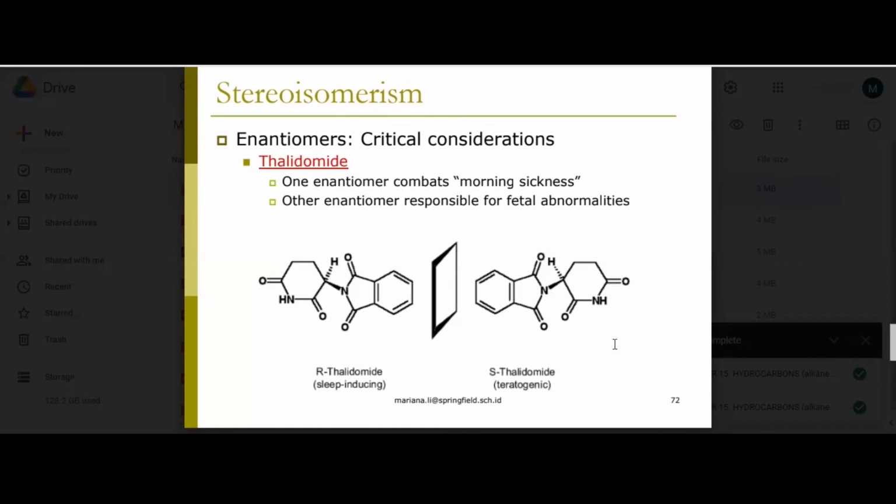Can you imagine that a mother who wants to combat morning sickness consumes thalidomide, and if the drug consists of the S isomer, can you imagine the effect on the babies? Instead of being able to sleep, the fetus will grow abnormal.